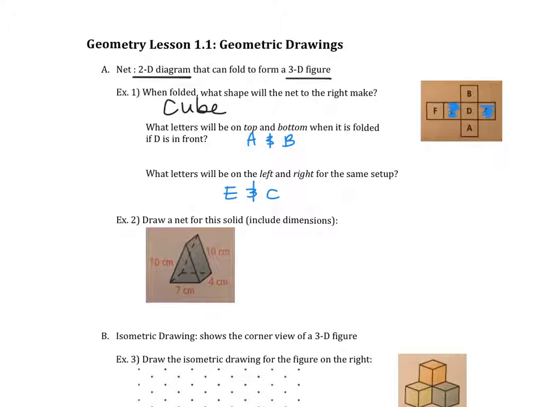Okay, so then what you're going to be doing for part of this lesson is drawing a net from a given solid. Now, what you have to pay attention to with this setup is that you're given all of these dimensions to work with, and this is what I was talking about. There's a lot of nets that you could draw from that figure, okay? First of all, does anyone know what that figure is called?